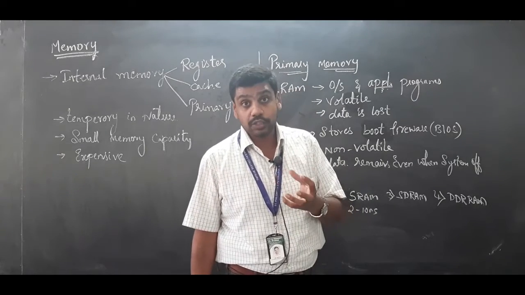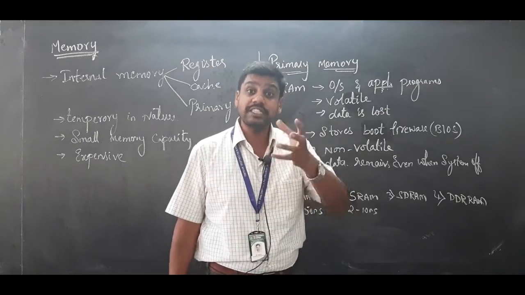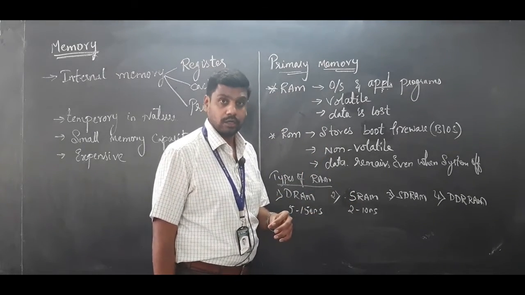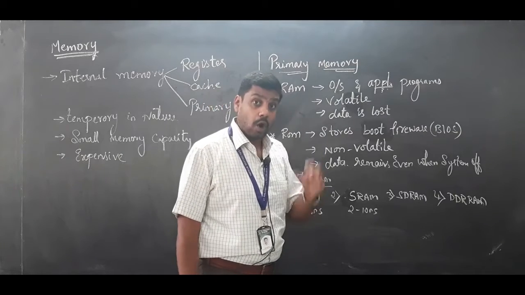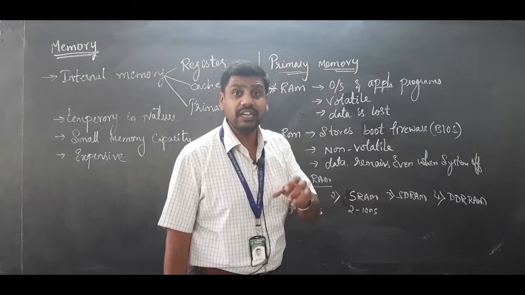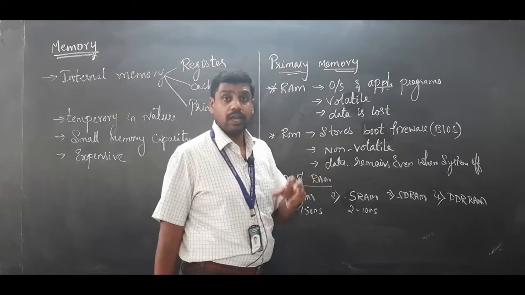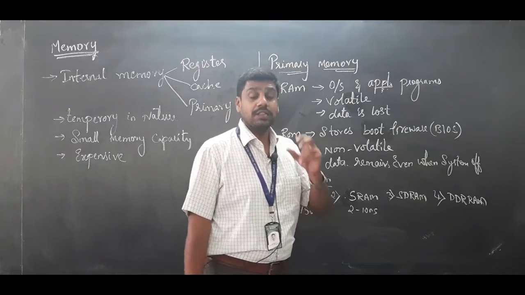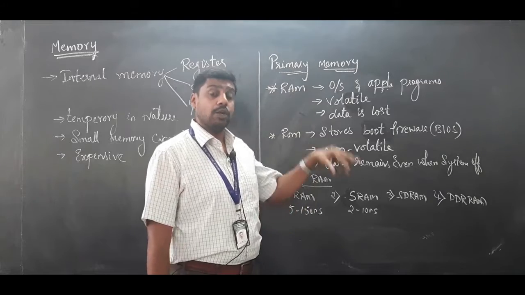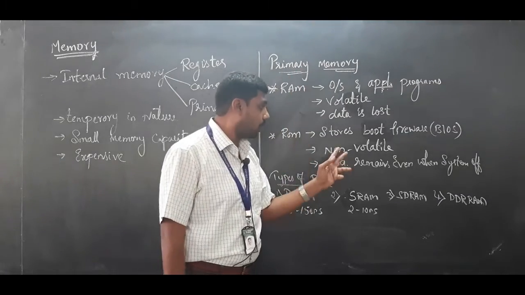The BIOS is a set of instructions which makes the CPU activate and checks whether the hardware is working properly or not. And also this ROM is going to load the operating system during boot. When you are booting your system, this ROM is going to load the operating system to the RAM.